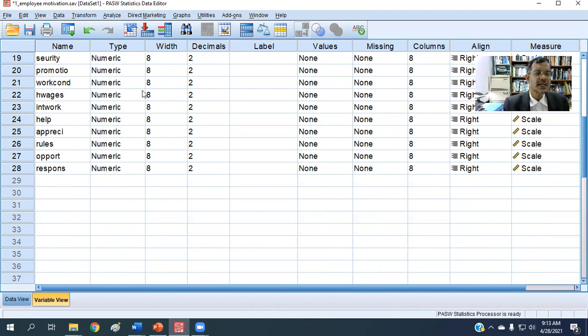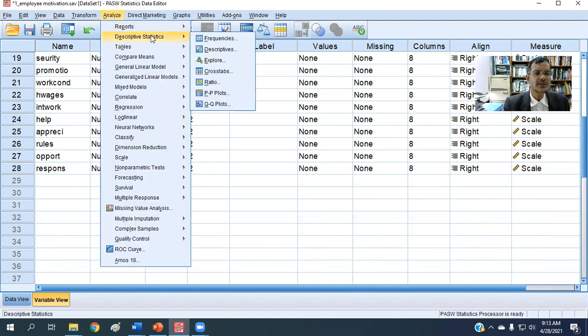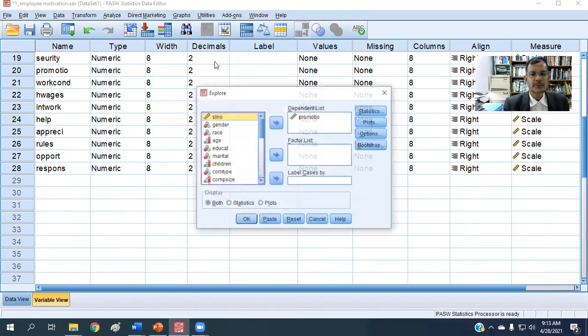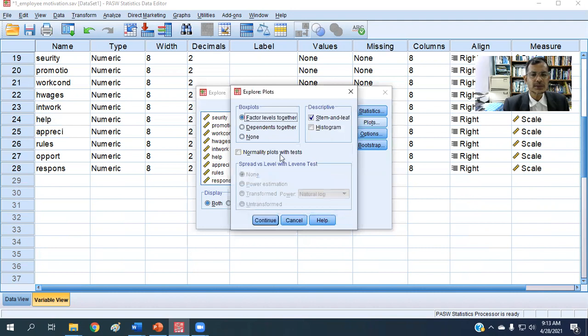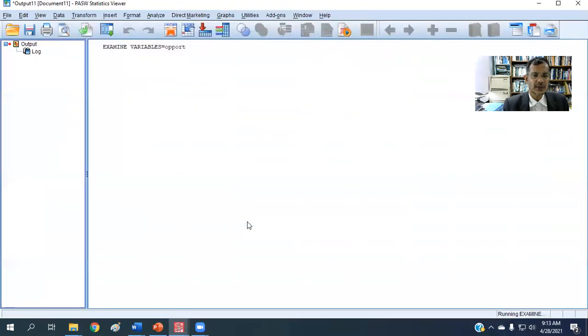Now, let us test whether this variable follows normal distribution or not. So we click Analyze, Descriptive Statistics, and Explore, Reset, Opportunity to grow, and then Plots, Normality plots with tests, Continue, okay.